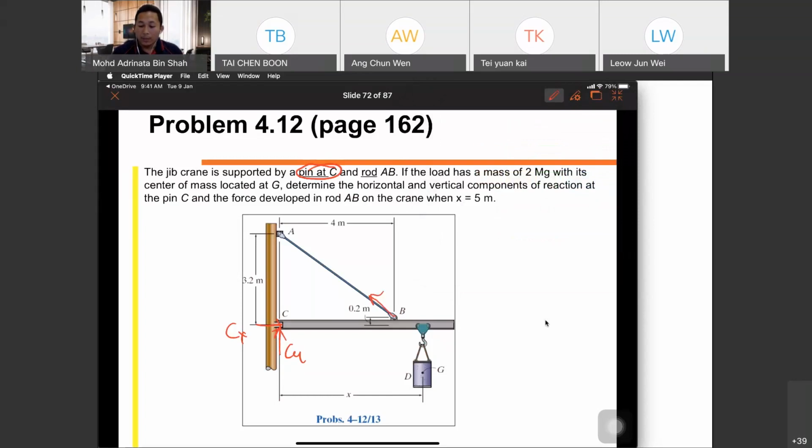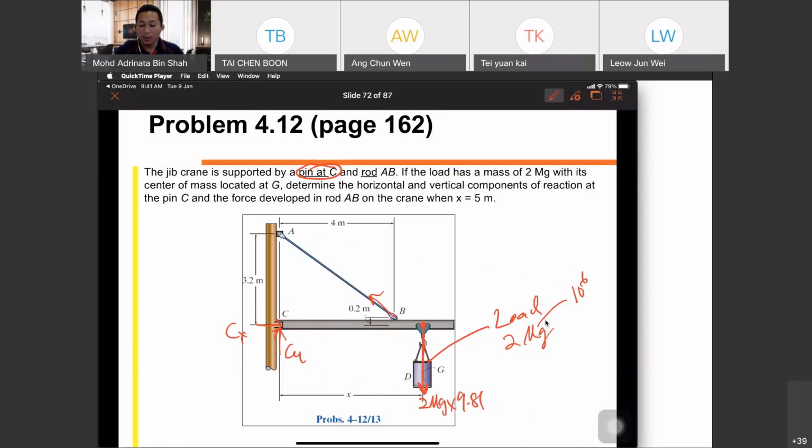If the load has a mass of 2 megagram, mega is 10 to the power of 6, with its center of mass located at G. So here, 2 megagram times 9.81.